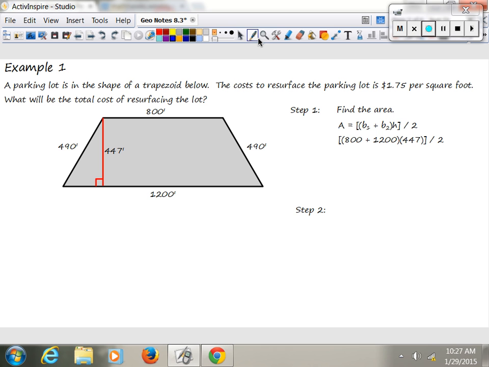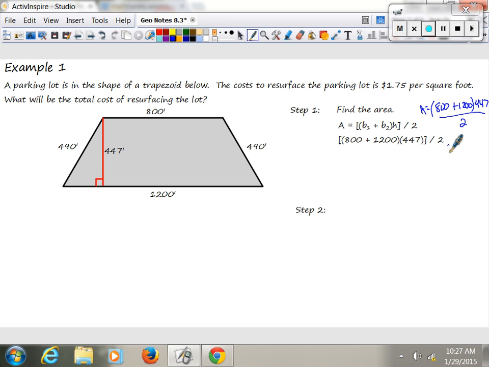Again, you might want to write it one on top of the other. 800 plus 1200 times the 447 divided by 2. So you might want to write it one on top of the other instead of all on the straight line here, just so it's a little easier for you to understand.